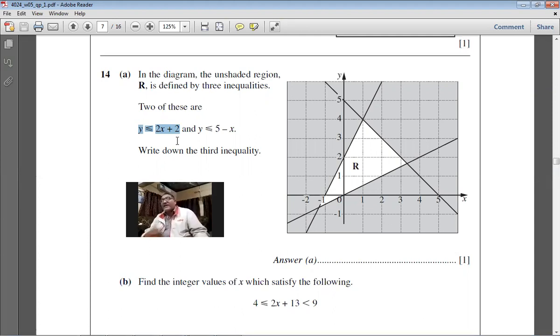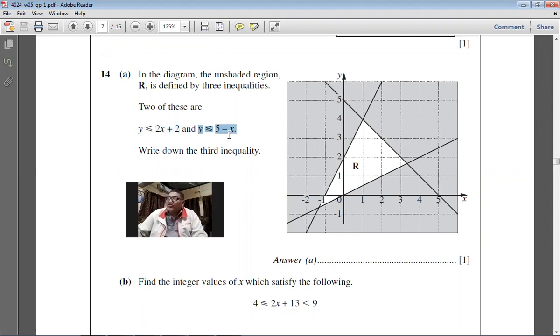So we have to recognize which line out of these three lines this is. This line is a line whose y-intercept is 2 and whose gradient is positive. So this is that line. And now what is this line?